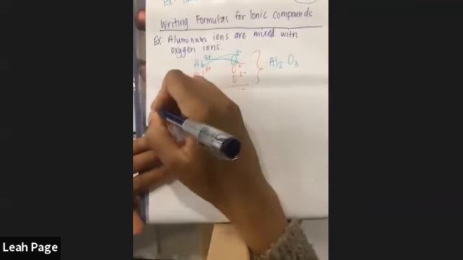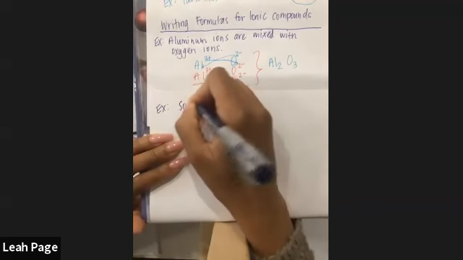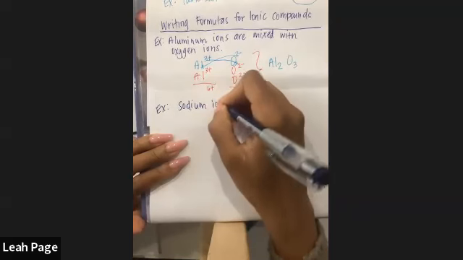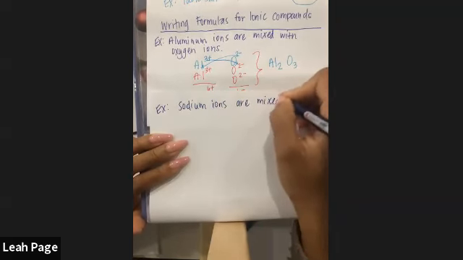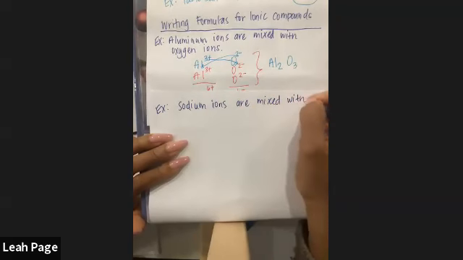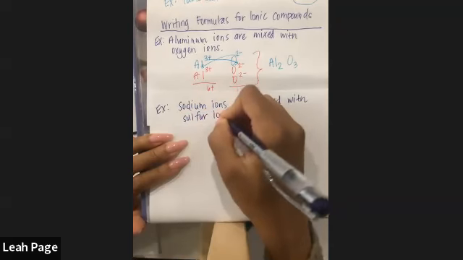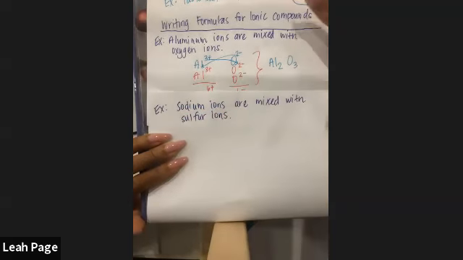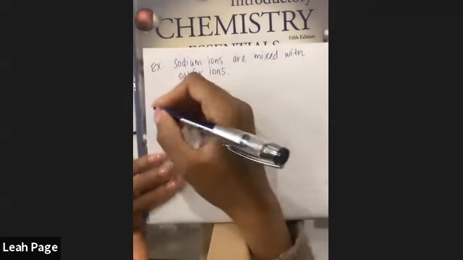So here's another example, but this time we have sodium ions mixed with sulfur ions. And let's see if you guys can do the same thing and come up with a formula. And let me give one more example under here too.